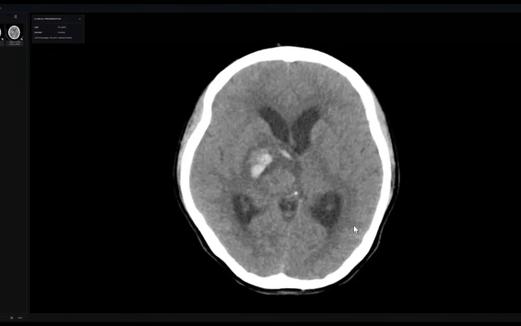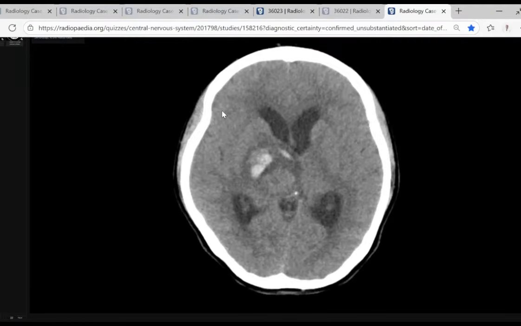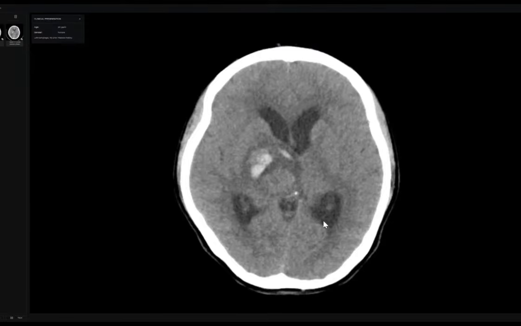It could be hemorrhagic transformation of an underlying mass lesion. I would like to proceed with other cuts to see the lesion properly, and I also like to see it with contrast enhancement if it's available.